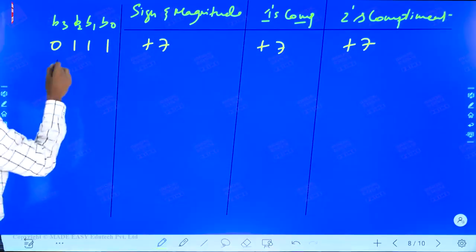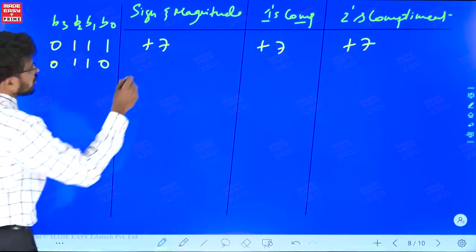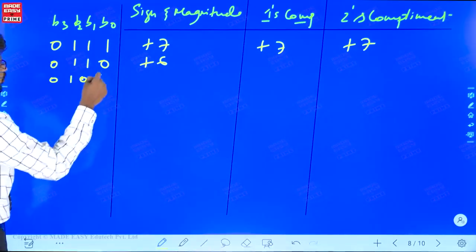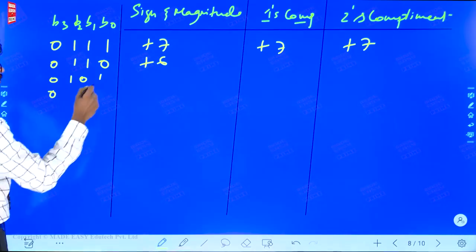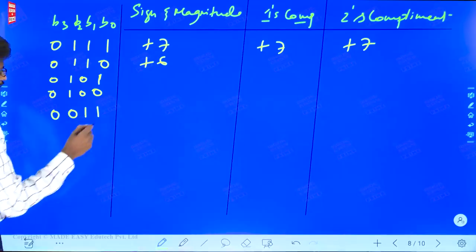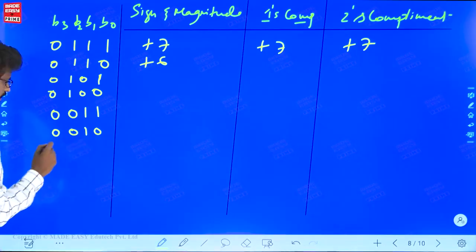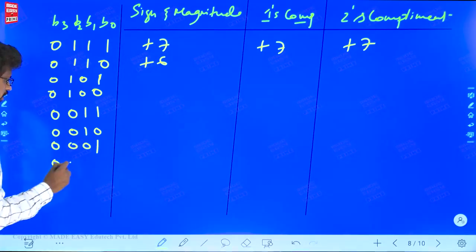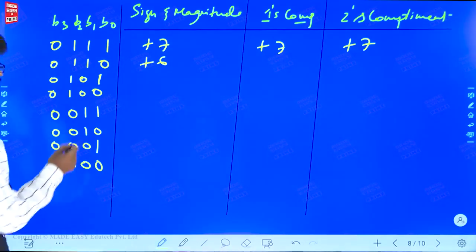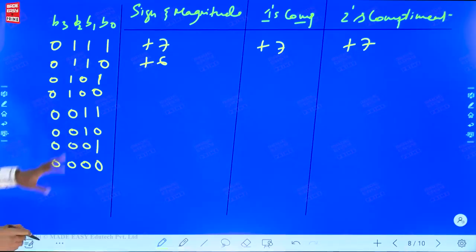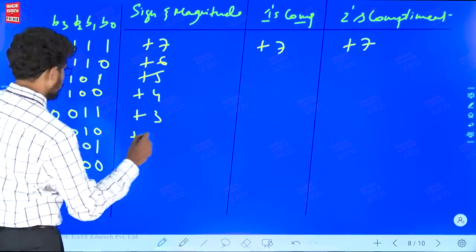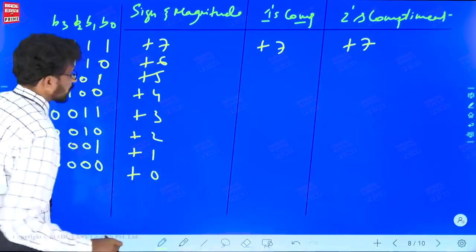In the same way, 0, 1, 1, 0 is plus 6. Then 0, 1, 0, 1 is 5, this is 4, this is 3, this is 2, this is 1 and this is 0. Observe carefully. In all the 3 cases, these are the same. So this is plus 5, plus 4, plus 3, plus 2, plus 1 and plus 0.